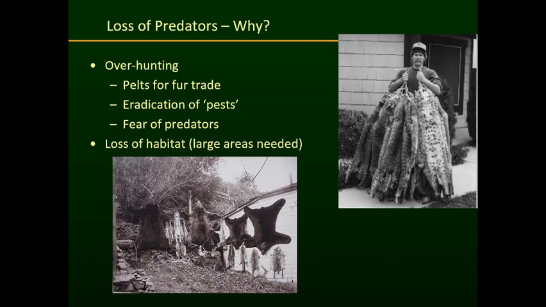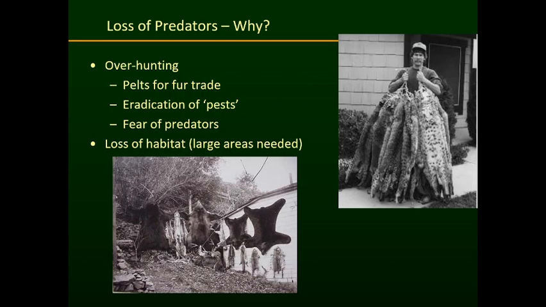And then there's also a general fear of predators. The idea of walking through a landscape when there might be wolves or bears or cougars around will give us humans some pause. You will want to take some precautions for good reason. And so out of a general fear of predators, Europeans and Americans just eradicated them.